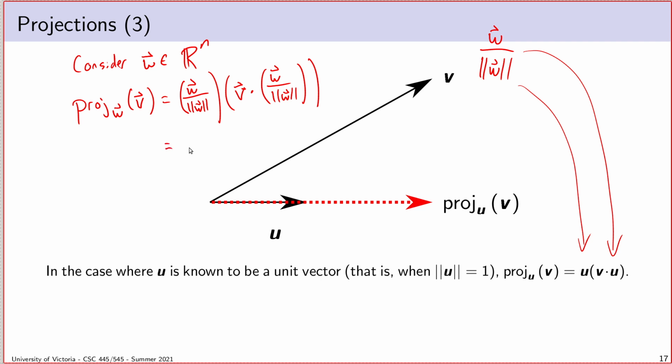And if I work that out a bit, what I end up with is w. What I'm going to do is these scalar lengths, I'm going to just pull them out of the equation. I end up with w times v dot w all over the length of w squared. So it's squared because I get it from here and I get it from here.